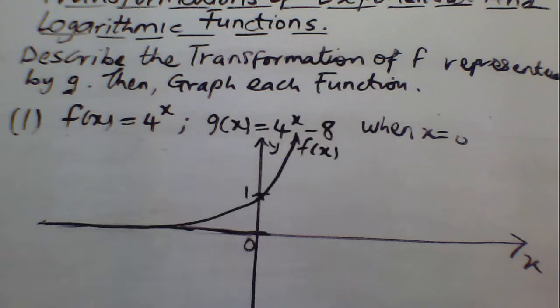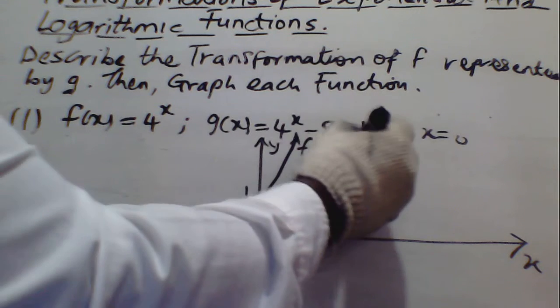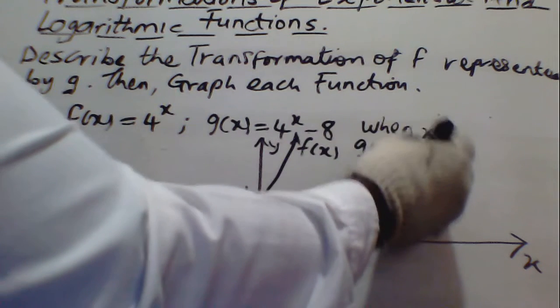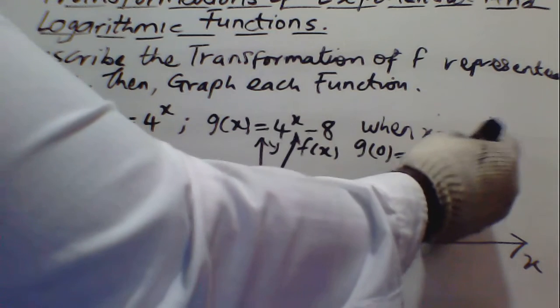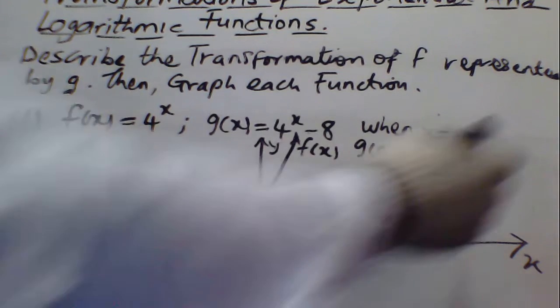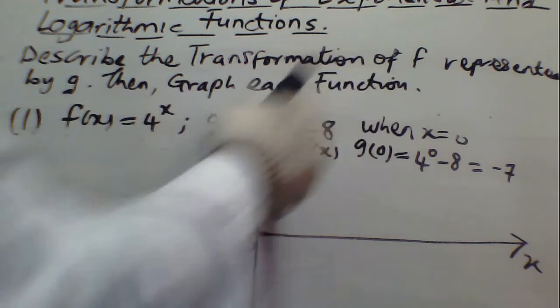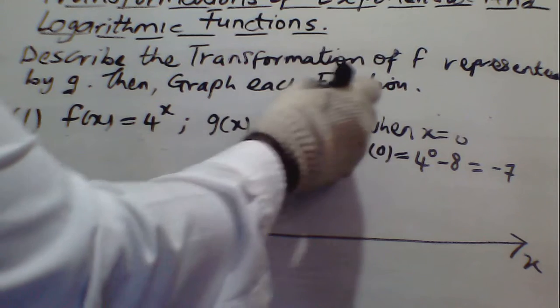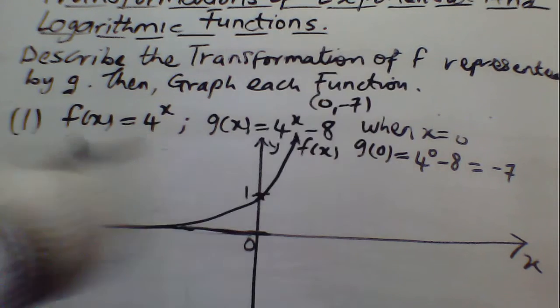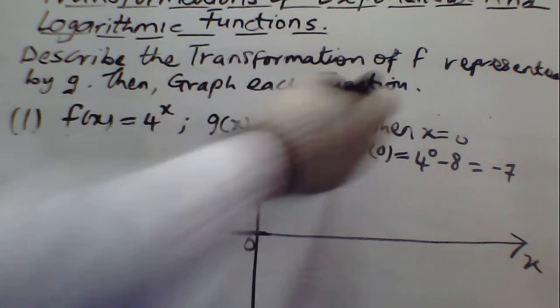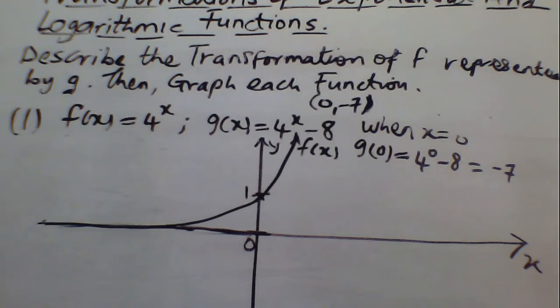So when x is equal to 0, we have g of 0 equal to 4 raised to power 0 minus 8. This will give us minus 7. So we have one point at 0 and minus 7.